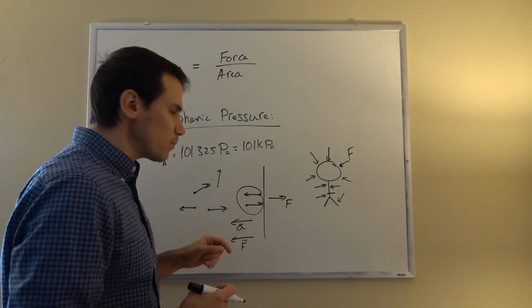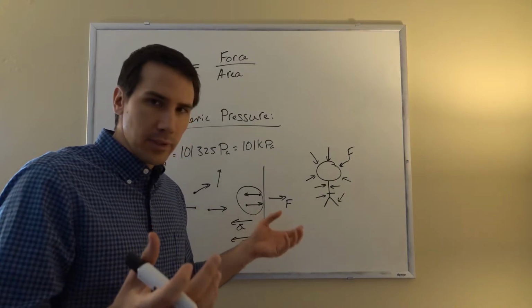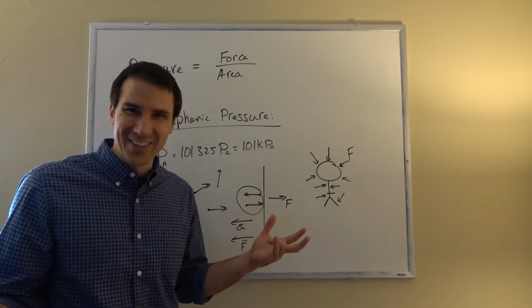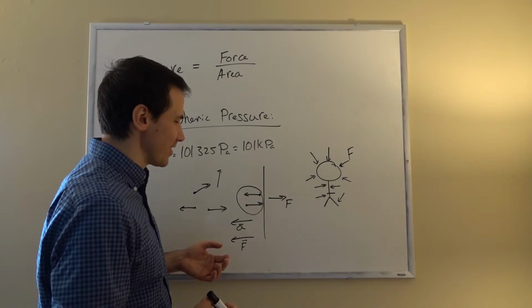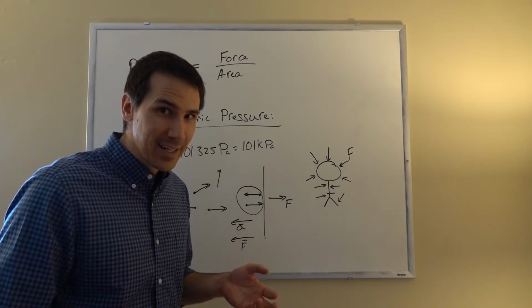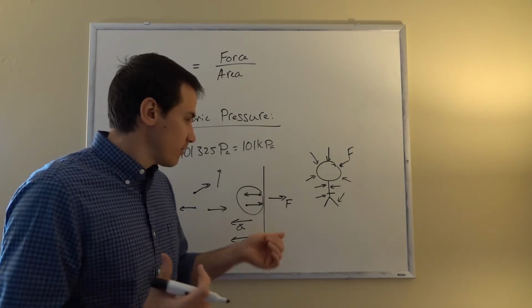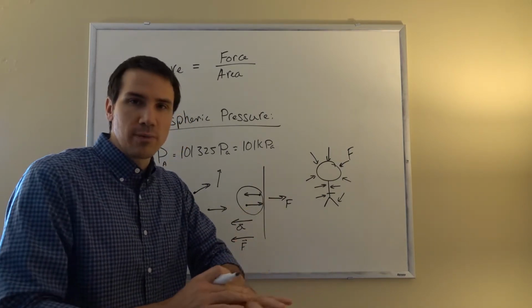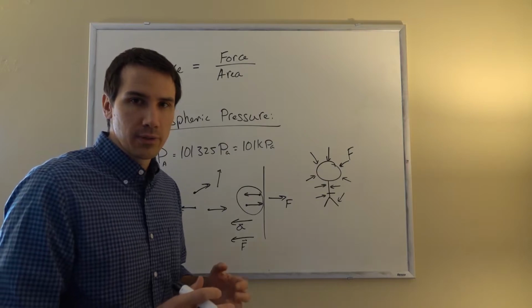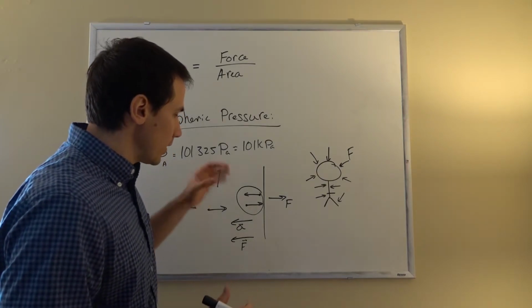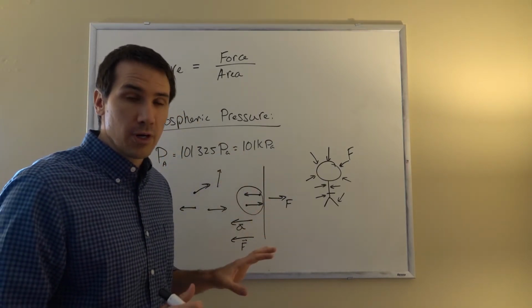And because this happens billions to trillions of times a second, I do not know exactly how many air molecules bounce off of you every second, but it's a lot. And because there are so many air molecules, this force ends up being distributed uniformly along your skin. And so this is where the pressure comes from.